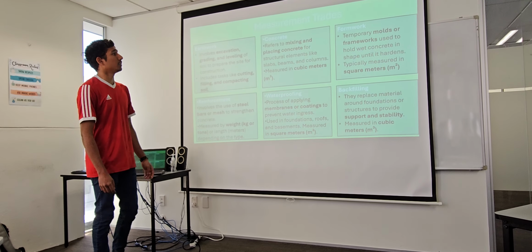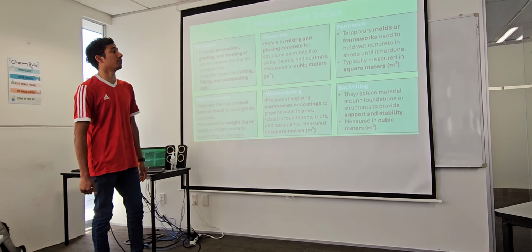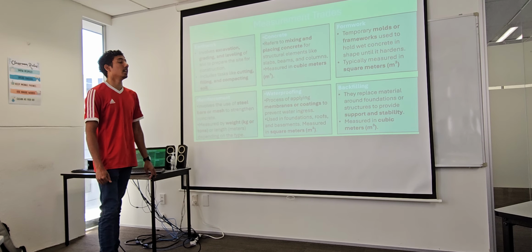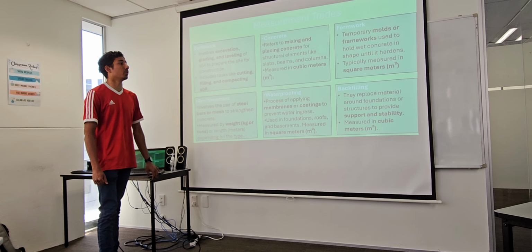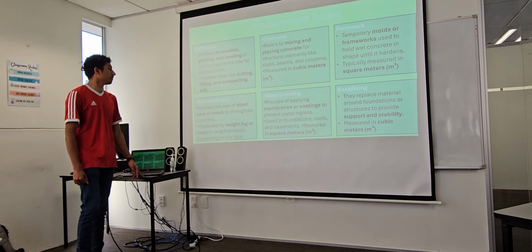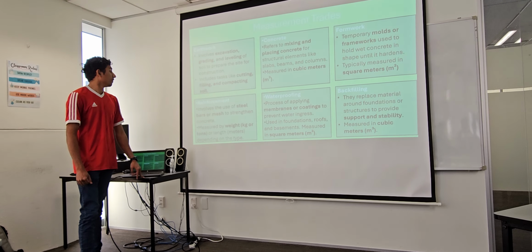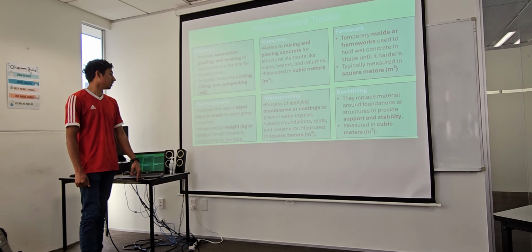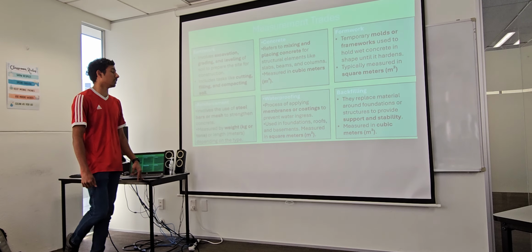The third one is formwork, temporary molds or frameworks used to hold wet concrete in shape until it hardens, and it is typically measured in square meters. The fourth one is reinforcement, which involves the use of steel bars or mesh to strengthen concrete, and they are measured by weight, kg or tons, or length in meters depending on the type.